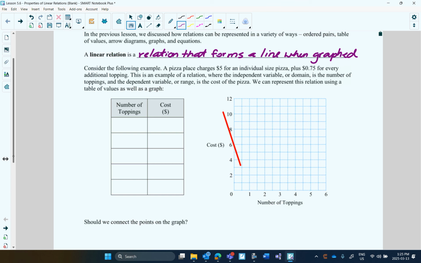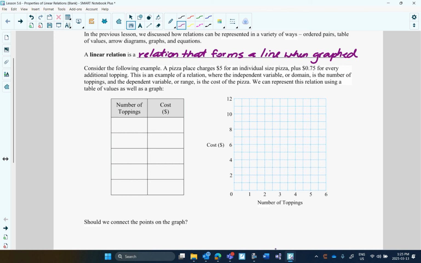The dependent variable is the cost of the pizza. And remember, there are different ways we can show relations: table of values, graph, equation, which we'll talk about later on in this lesson, and arrow diagram, which we won't use that much in part. So let's look at a table.